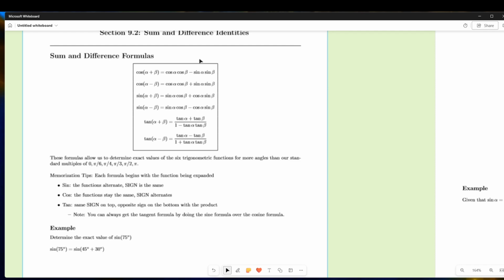Historically, they were used to determine values of functions for other values than just our standard angles. If you want to find the sine, cosine, tangent, whatever of a weird angle, you build it out of angles that we knew using these sum, difference, double, and half formulas.